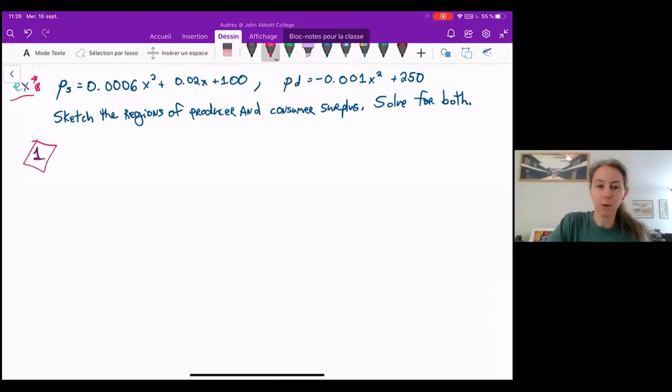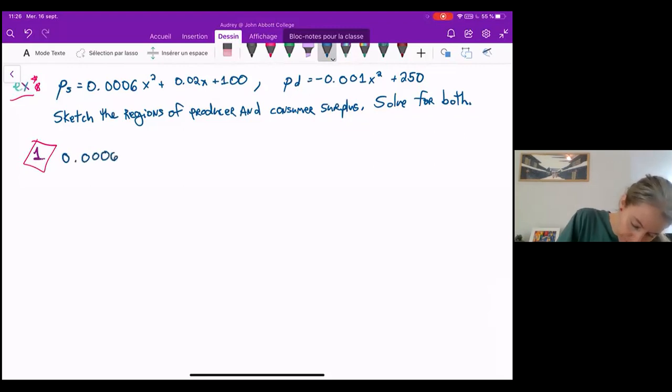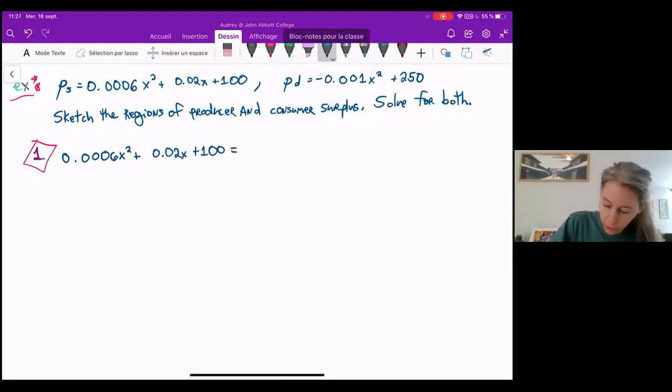And in this case, it's a little bit challenging because it's quadratic and there's a ton of decimals. Let's go for it. So we're going to set our supply function equal to our demand function.